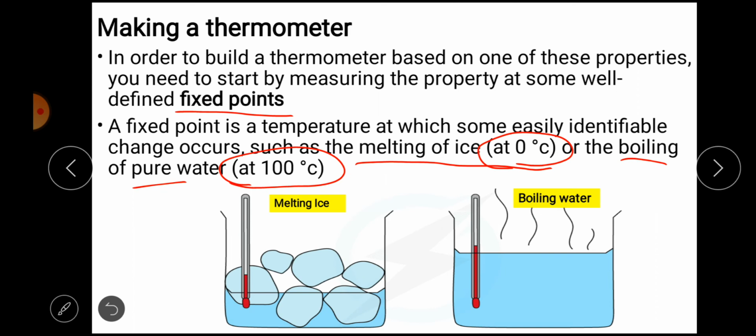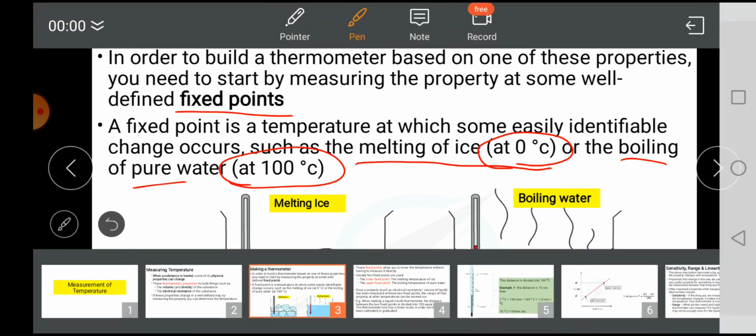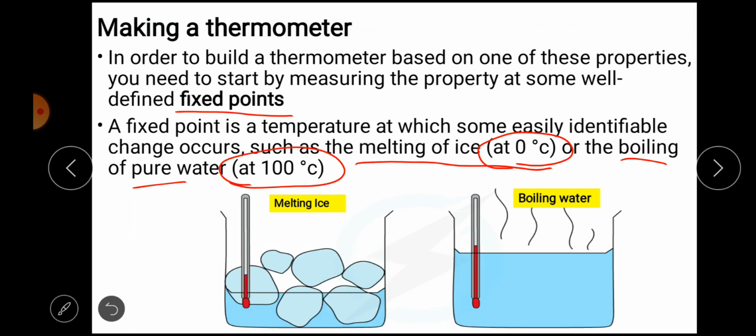So here we are making a thermometer. When we put this thermometer, which is not yet calibrated, at melting ice, the liquid is going to contract to this point, and when it is being boiled, it expands to this point.